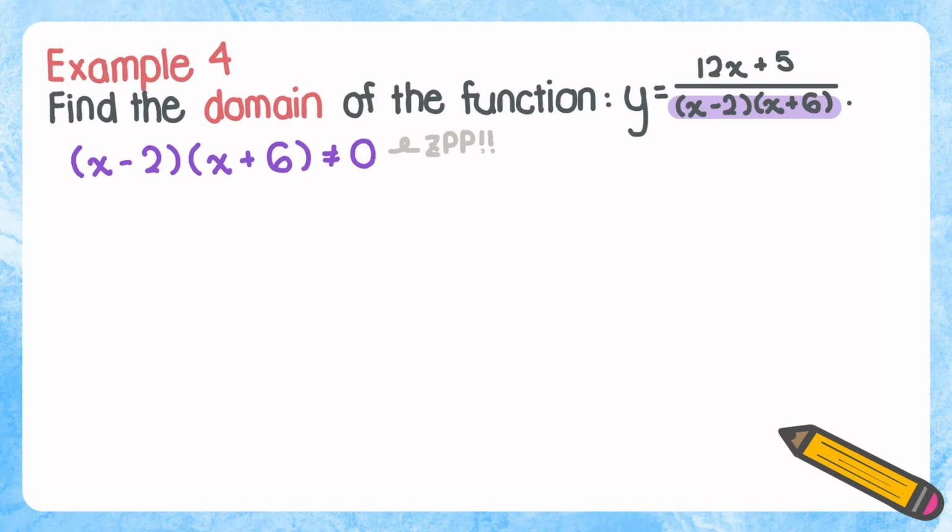That means I have to set x minus 2 not equal to 0, as well as x plus 6 not equal to 0. So let me just write that on both sides. And go ahead and try solving for x on your own, and then press play to compare answers.